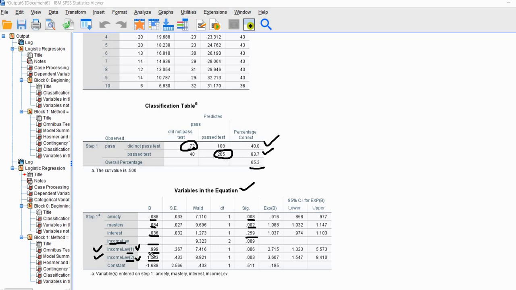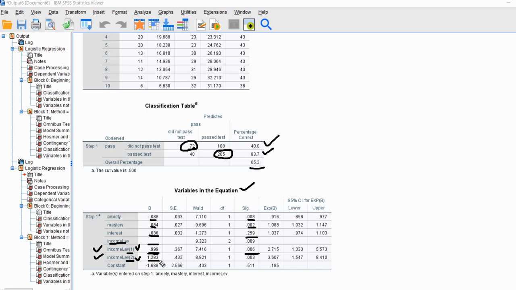So you'll see, for instance, the 0.999 associated with the first dummy variable is indicating, and by the way, it's statistically significant. That's going to indicate then that students who were medium in income were more likely to pass the test than students who were low in income.